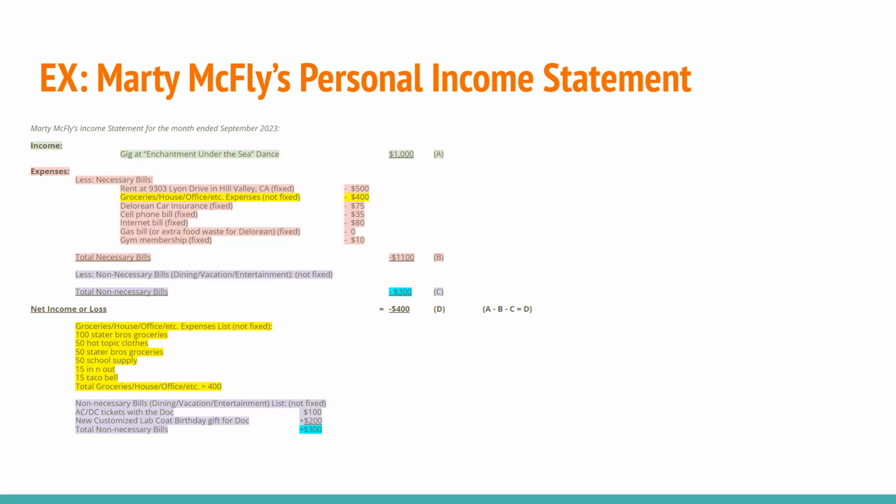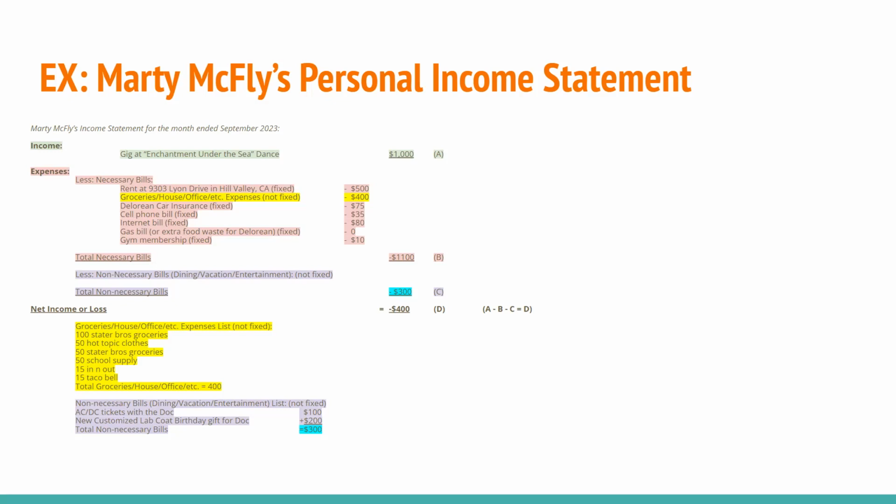Some people think that this is not necessary, but when you're in college and you're thinking to yourself, okay, I'm strapped for cash, I need to know how much I can spend so I can get more bang for my buck, or just to see if going to this AC/DC concert is worth it.